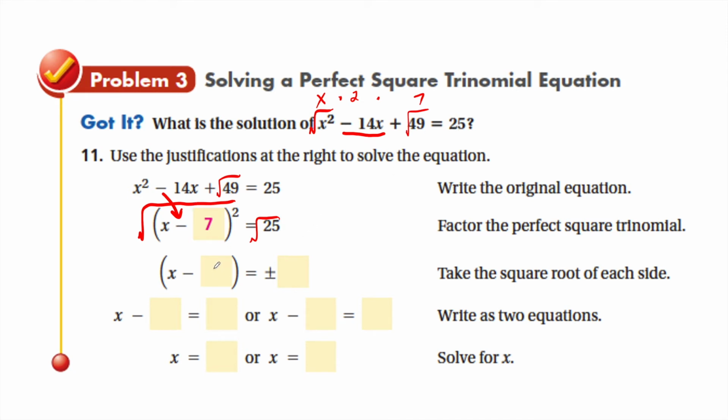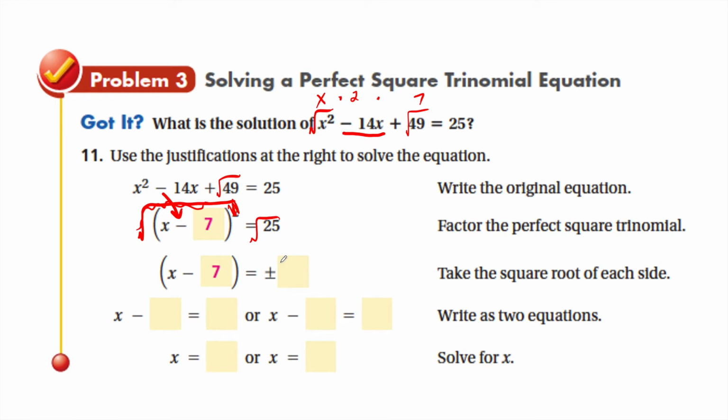So I'm going to be left with x minus 7, because that's not going to change. But notice there is no square anymore. It's because the square root eliminates it, and that's going to equal a plus or minus. When you're solving a problem, if you take the square root, you need to make sure that we talk about a positive as well as a negative.